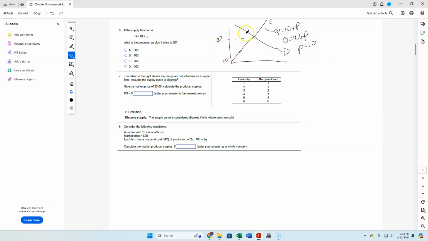So now we need to find this Q. That would be where Q equals 10 plus 20, that $20 price. So that Q is going to equal 30. So now it's 1/2 base times height, or 1/2 times 10 times 30. So that would be 300.